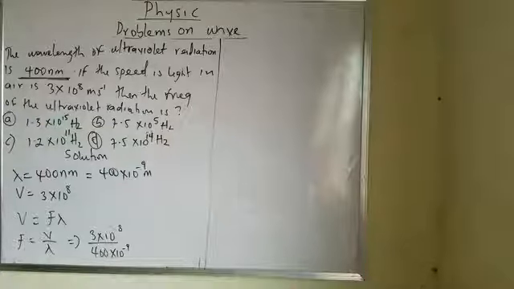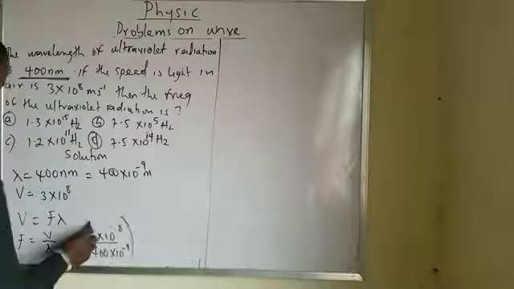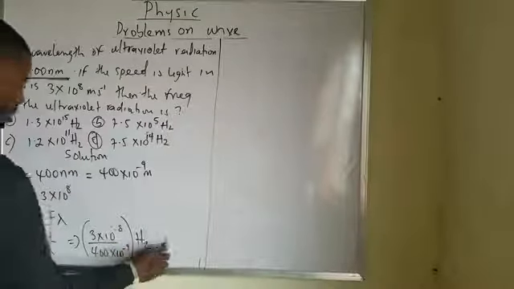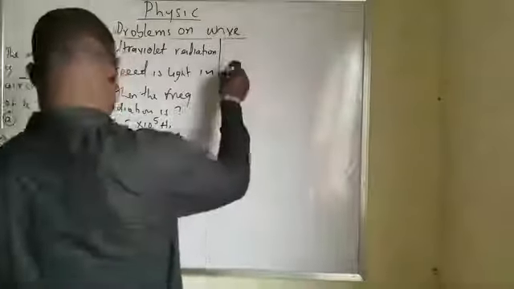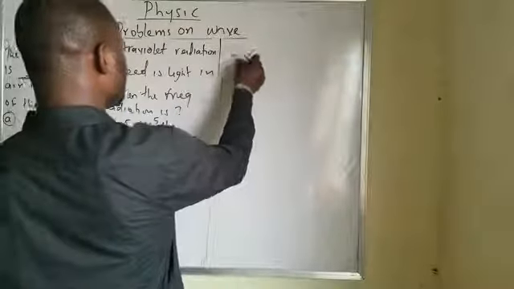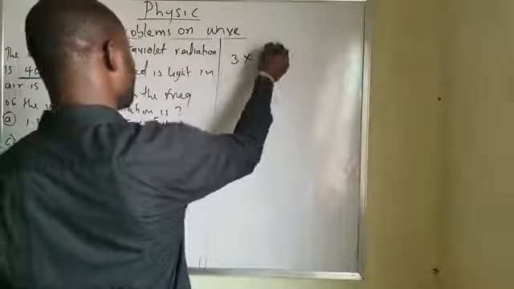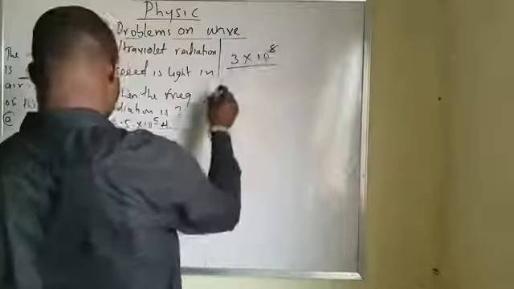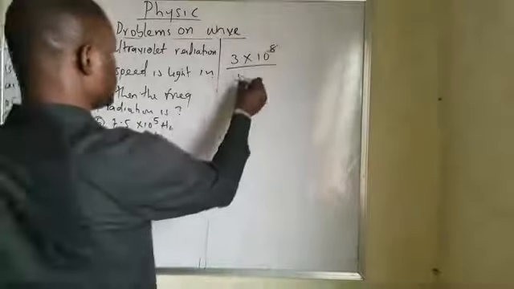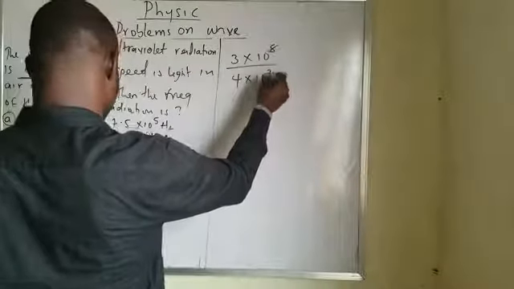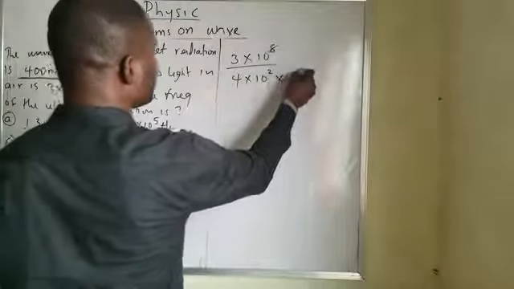By so doing, I will do my little calculation. Whatever I have here will be in Hz. It will be 3 multiplied by 10 raised to power 8 divided by 4 multiplied by 10 raised to power 2 multiplied by 10 raised to power minus 9.